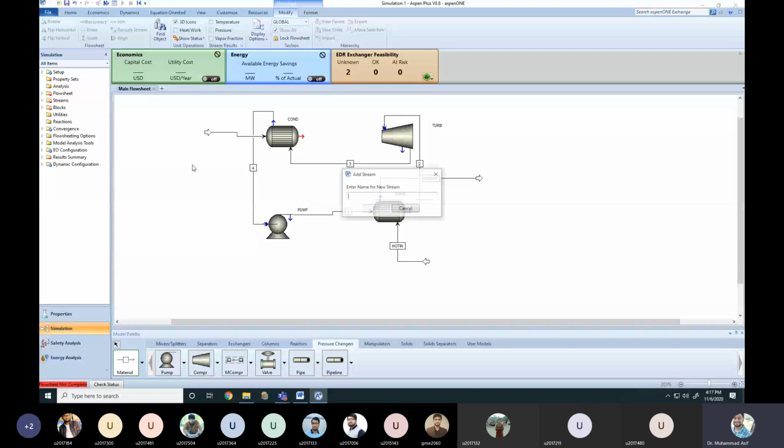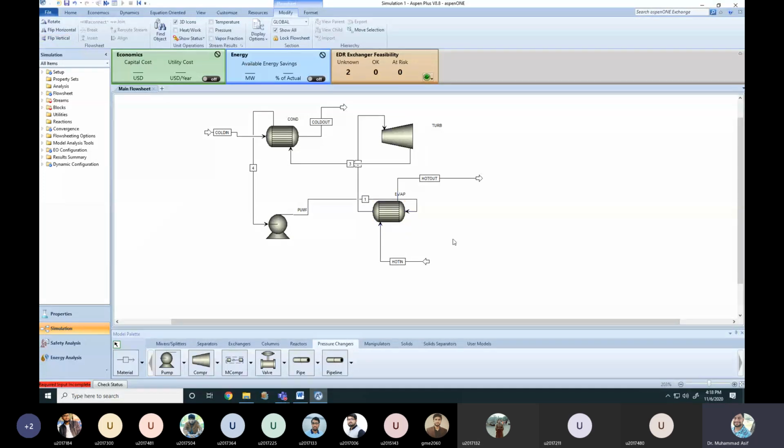So cold water in, and then cold water out, right? So now you can see our sheet is almost completed. We can flip it. Here is the option for the flip. So let's say we have flipped that. Similarly, we can flip this one, right?